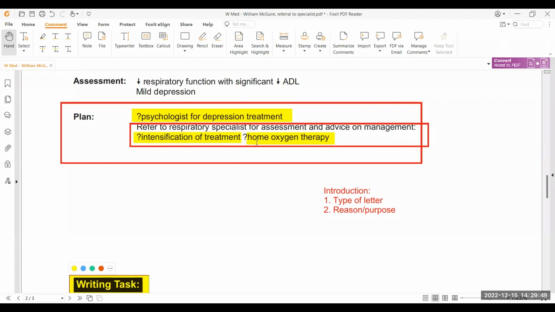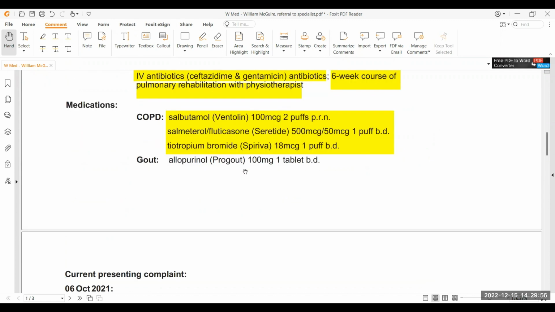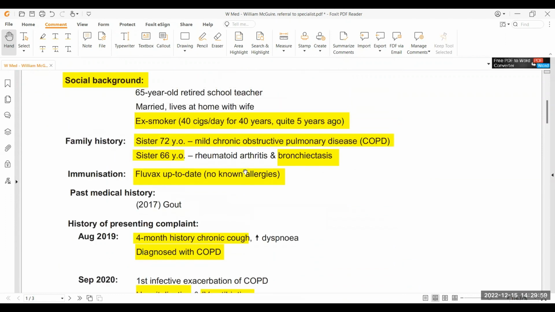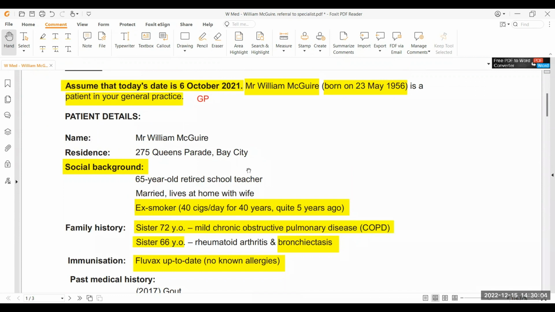And so Dr. Tatiana also identified the relevant information according to why you're writing and who you're writing to. Okay, because the reader is someone who is not familiar with the case of the patient, it's a good idea to give the reader some background about the patient, which is going to be relevant to his assessment of Mr. McGuire. For example, letting the reader know that Mr. McGuire is an ex-smoker and he used to smoke 40 cigarettes a day, okay, but he quit 5 years ago.